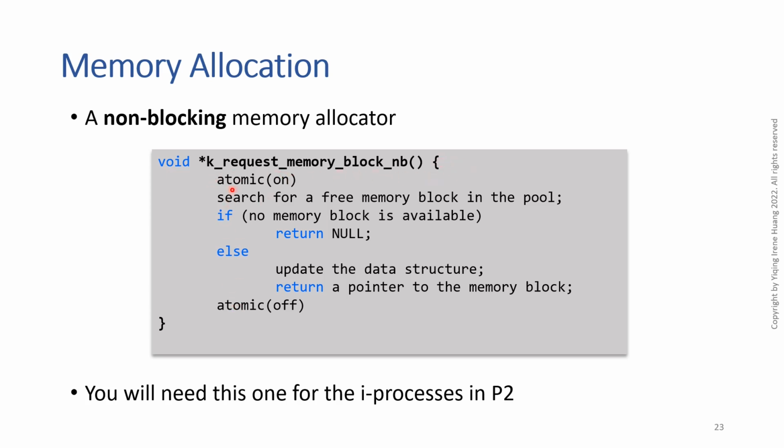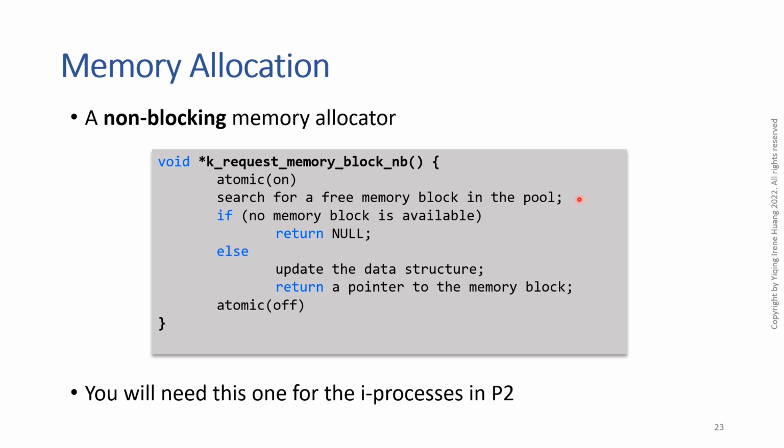I put this atomic on and off just to remind everyone this is a non-divisible operation. But in practice, we do this atomic on and off in the SVC handler by disabling and re-enabling interrupts. Okay, so the idea is very simple. We search for our free memory block in the pool.